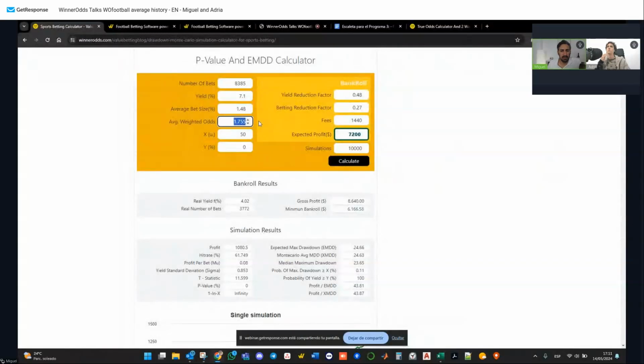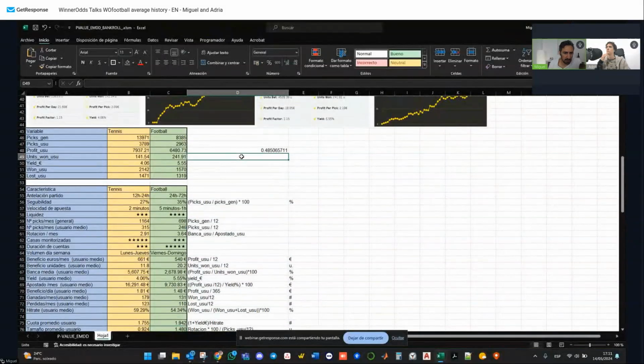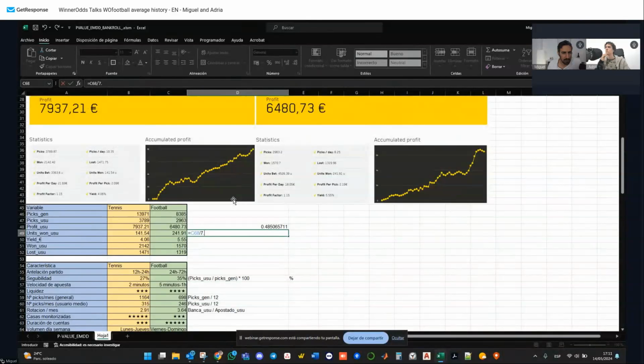And which are the yield and betting reduction factors? For the yield, we have, in this case, the yield obtained is 7.1. Sorry, it is 5.55, so 0.78.